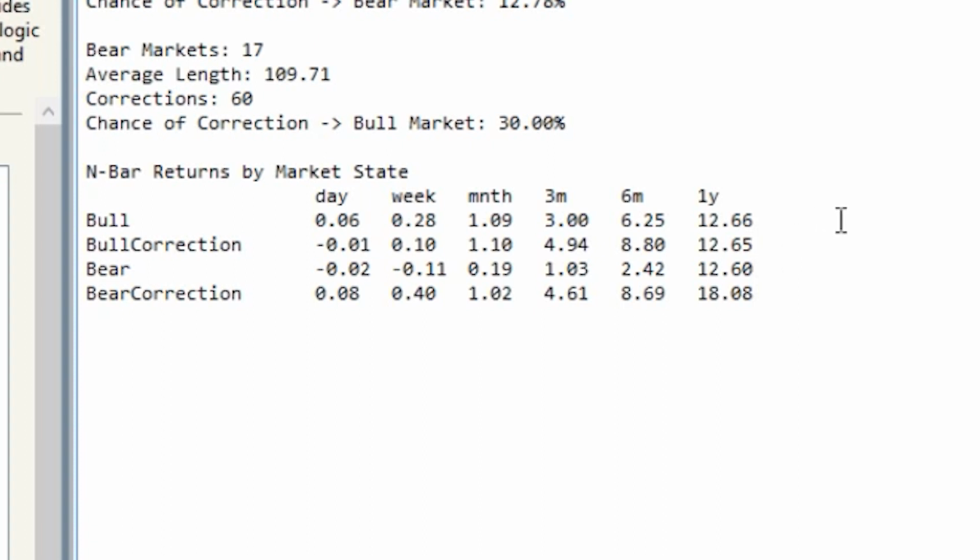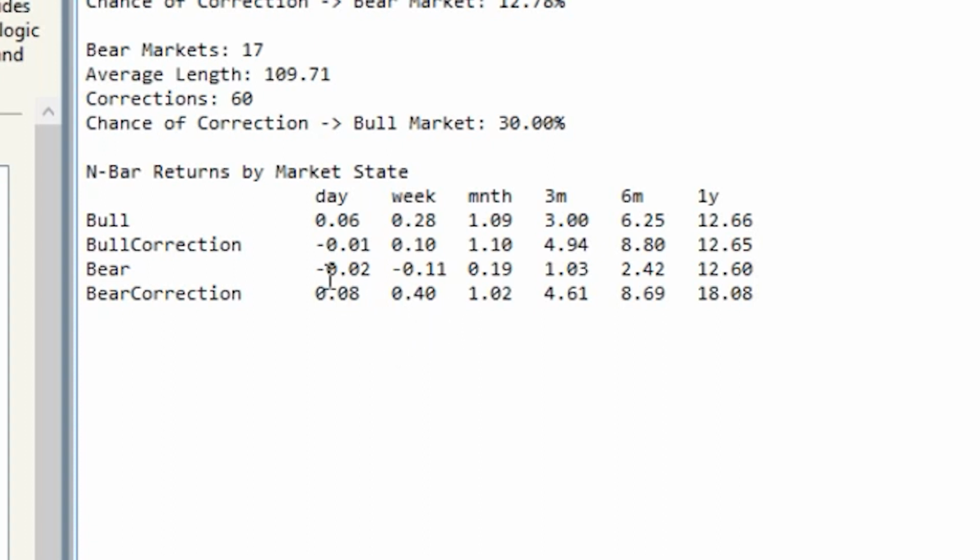The other interesting thing I found about these numbers is look at the bear correction numbers. The bear correction is when you're in a bear market, but prices have risen 10% from the bear market low, but still not 20%, which would get us into another classical bull market.